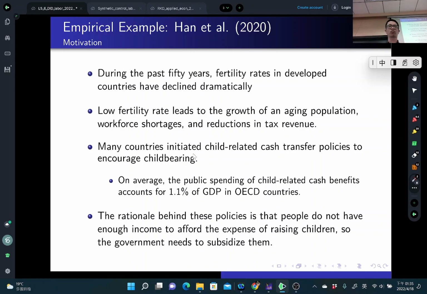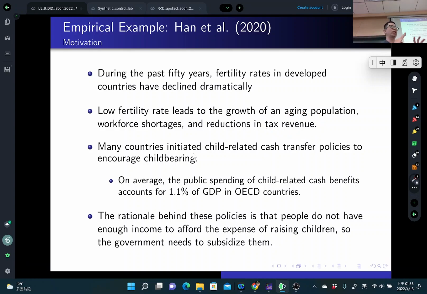So it creates a lot of problems, like an aging population and workforce shortage, because we don't have enough adults in the future to support our workforce. And it will also reduce the tax revenue for the government.